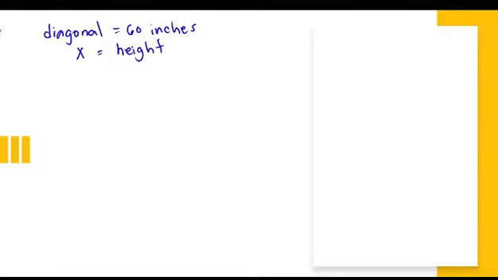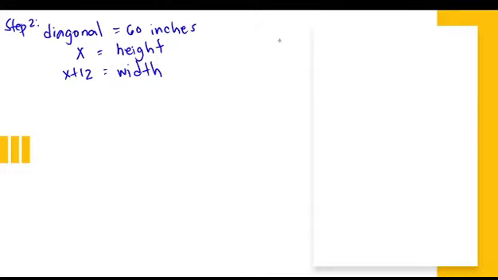This is now step 2. And X plus 12 is our width. So we'll go over now with the concept that we're going to use.